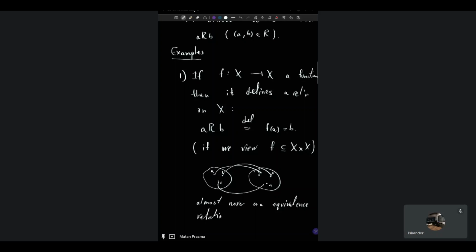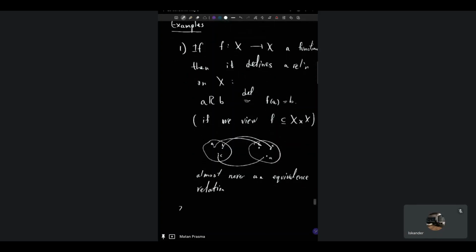However, there is one main example of equivalence relation that we will consider.